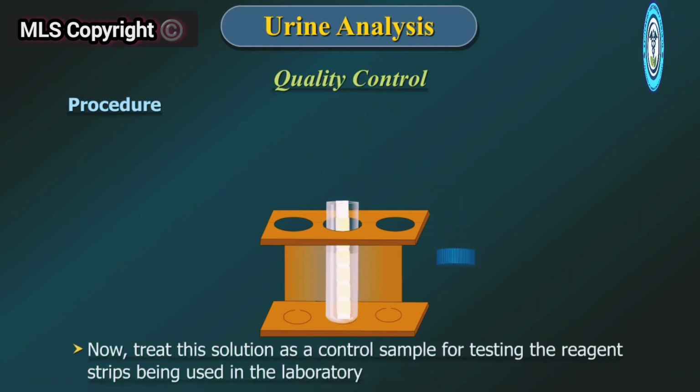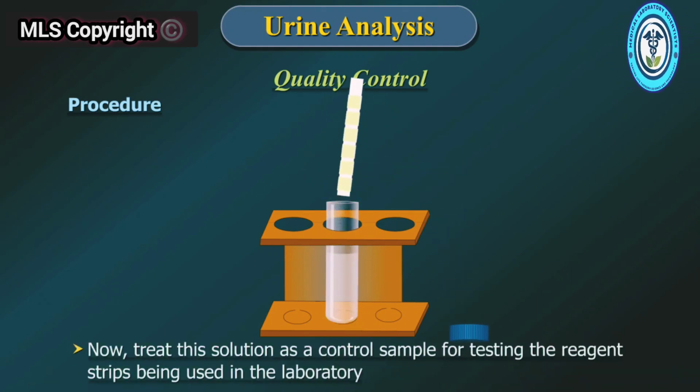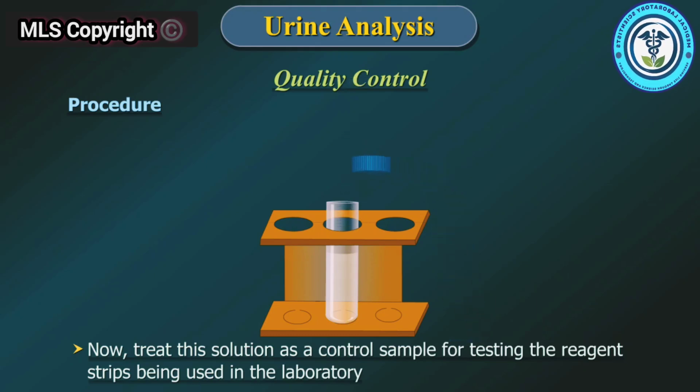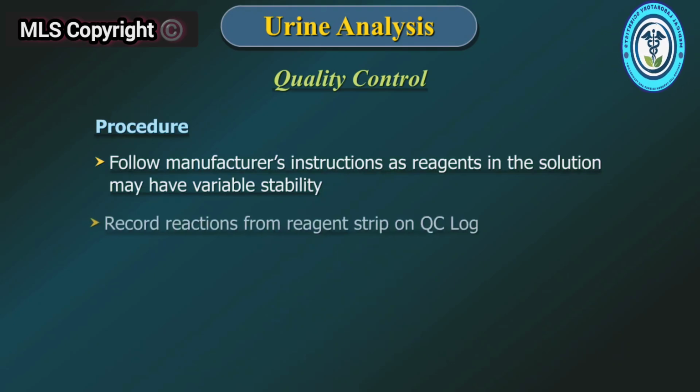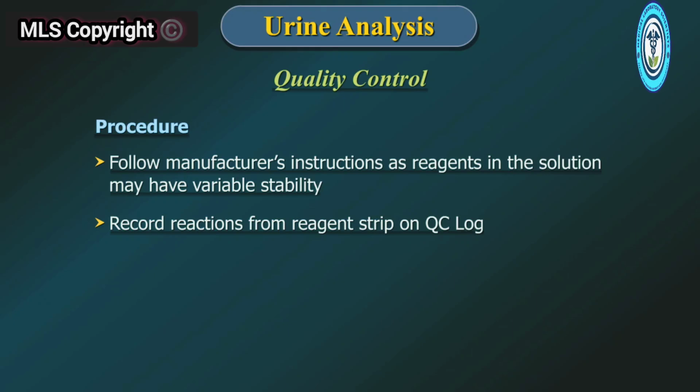Now treat this solution as a control sample for testing the reagent strips being used in the laboratory. Follow the same procedure for reagent strips as described earlier. Follow the manufacturer's instructions as reagents in the solution may have variable stability. Record reactions from the reagent strip on the quality control log.